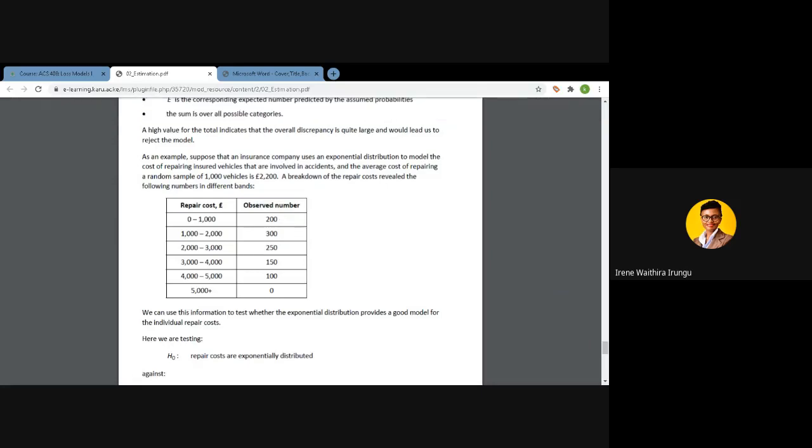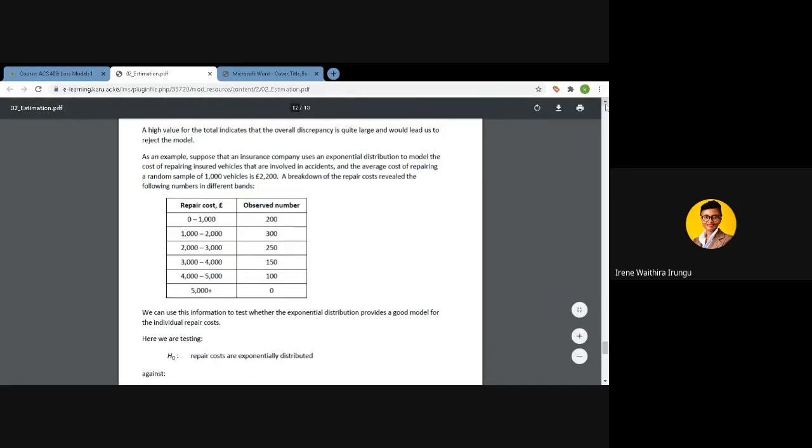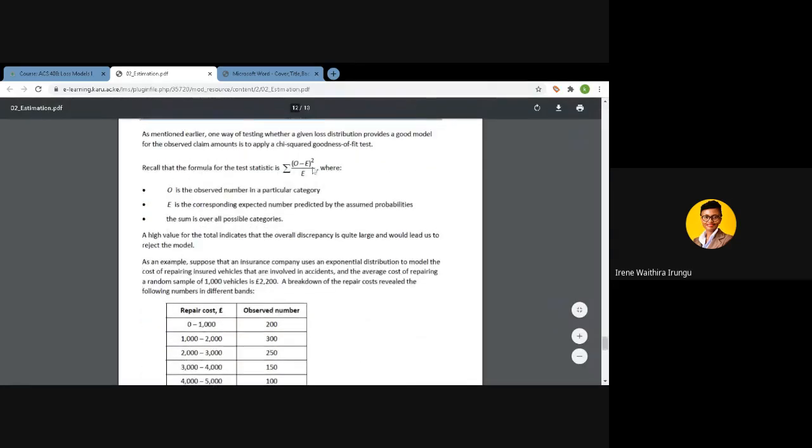What has been estimated historically is that they follow an exponential distribution, and we already established the parameter lambda based on this data, which was 1 over x bar. So now we want to see whether our prediction based on the exponential distribution matches what has actually been observed in this particular class of insured vehicles.